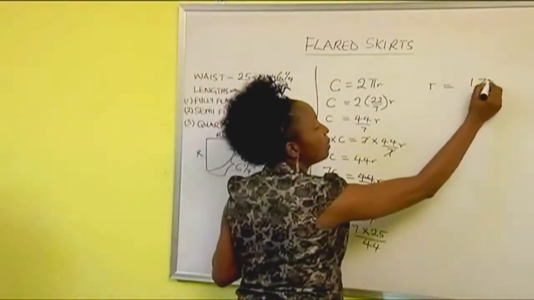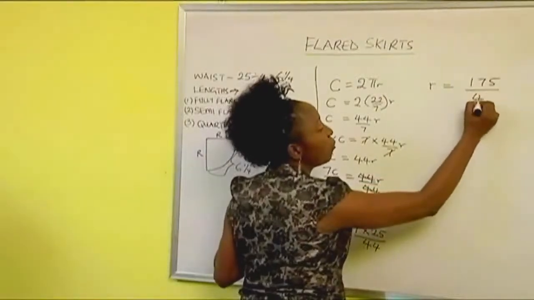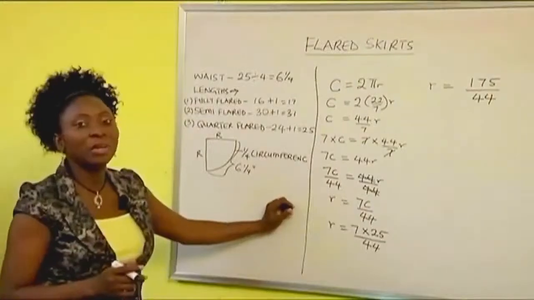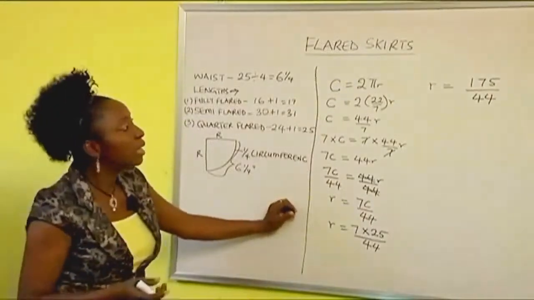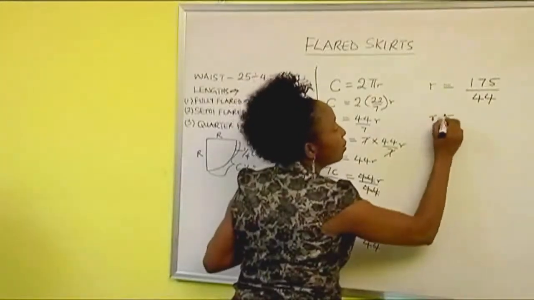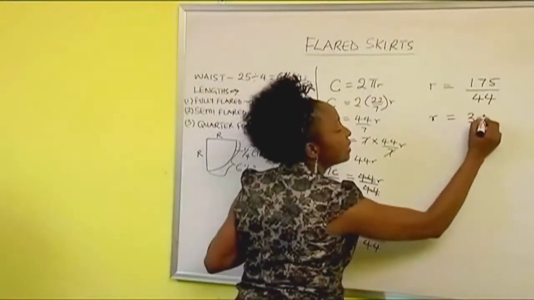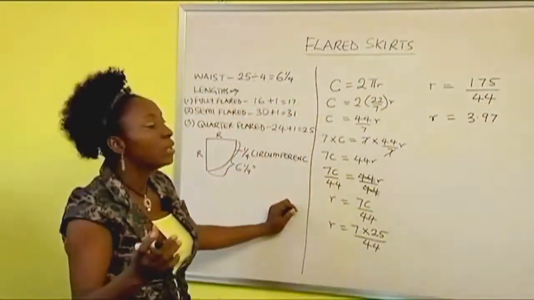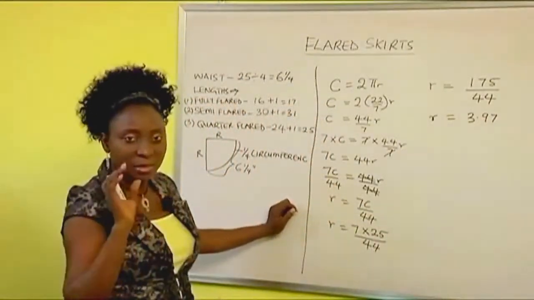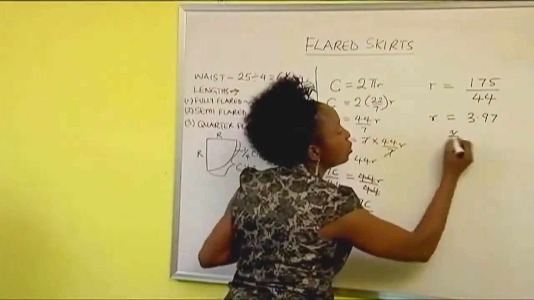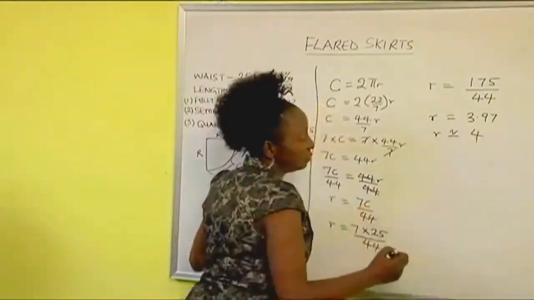You get 175 divided by 44. Now just take a minute and try and calculate that with your calculator or with your phone. r will give us 3.97. You can see it's very, very close to 4. So I'm going to just approximate it to 4 inches.